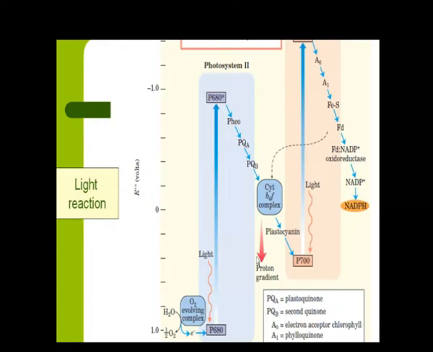That means which has less energy, P680 or P700? P680 is at 1 electron volt. See, this is the energy. E dash naught is standard free energy. P680 is at 1 electron volt and P700 is at 0.5 volt.